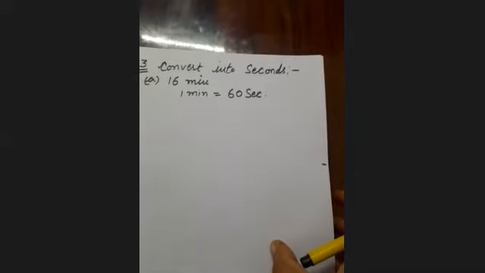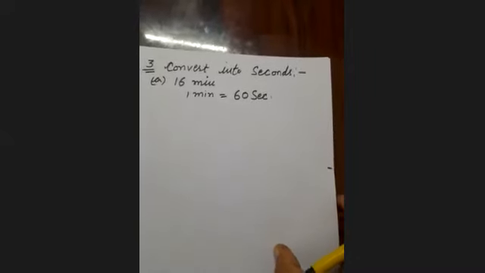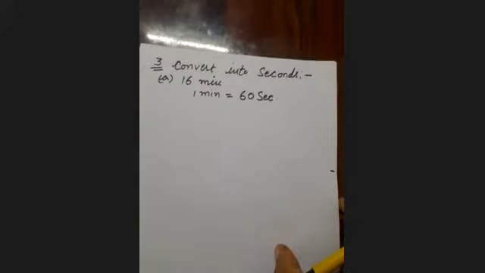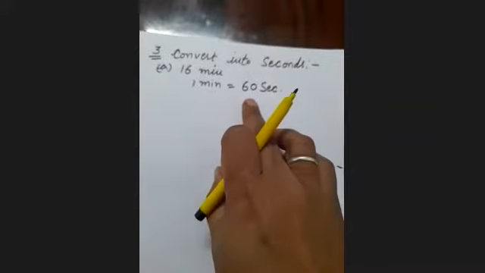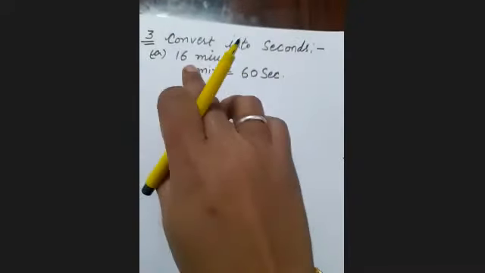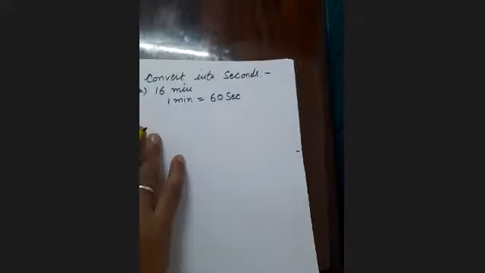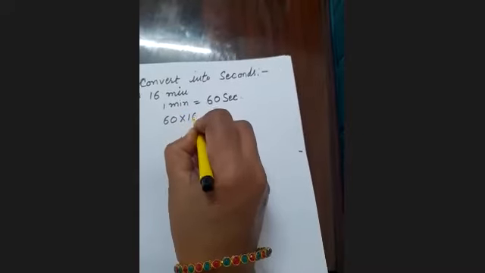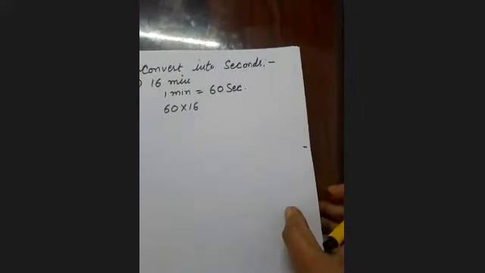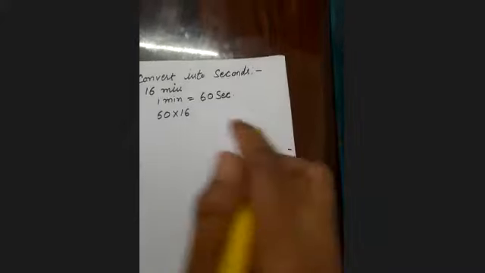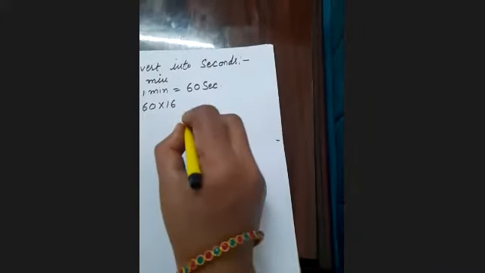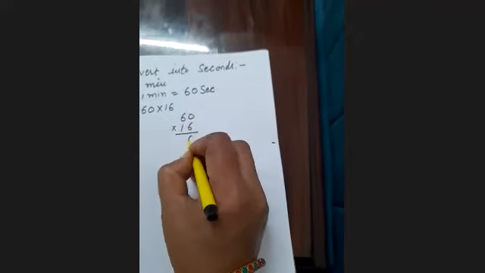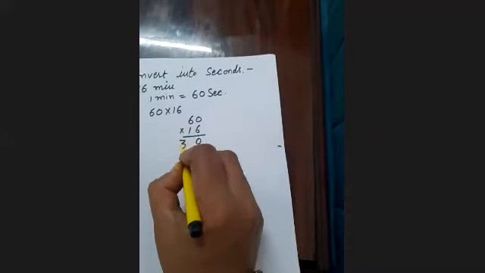So again students, when we convert minutes into seconds, we will multiply by 60. So in 16 minutes, we have 60 multiplied by 16. Now 60 into 16. 6 multiplied by 0, 0. 6 sixes are 36.